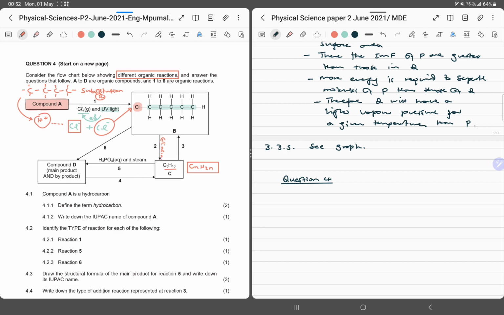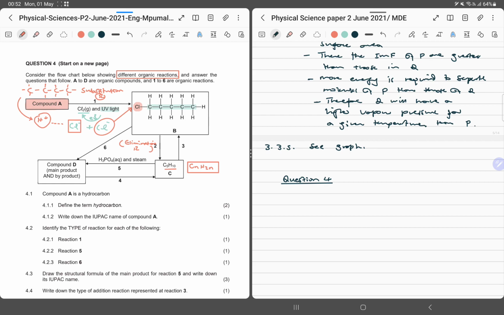I'll just write elimin. But I like to write in full. So reaction 2, basically it's an elimination reaction.